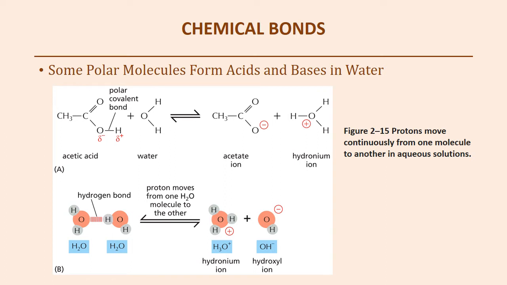All right, now what we see happening towards the end of our chemical bond discussion is that there are some polar molecules, primarily water, that are essential for determining the pH of a solution. And this all has to do with the fact that we can grab any solution and take a look at, when it's exposed to the right environment, what its ratio of hydrogen versus hydroxide release is going to be.